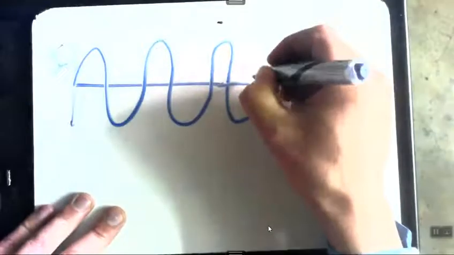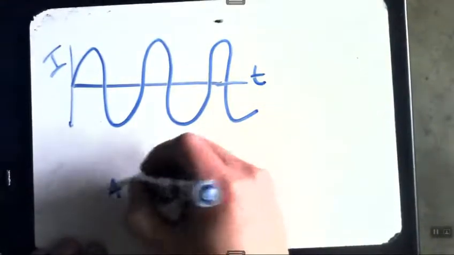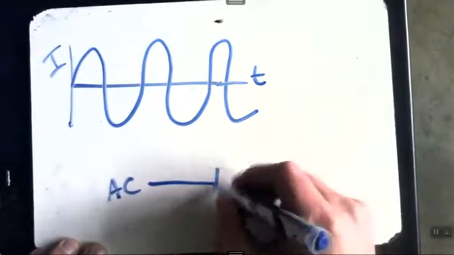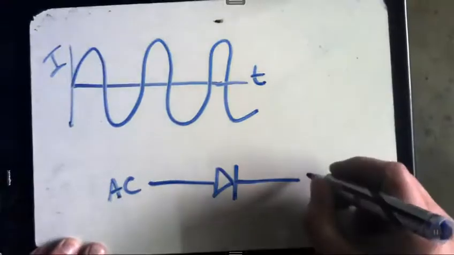So if we think of our AC current graph, and obviously this goes for voltage as well. Now if I connect from my AC supply, so let's say this is my AC supply, if I put a diode in there, what's going to happen?